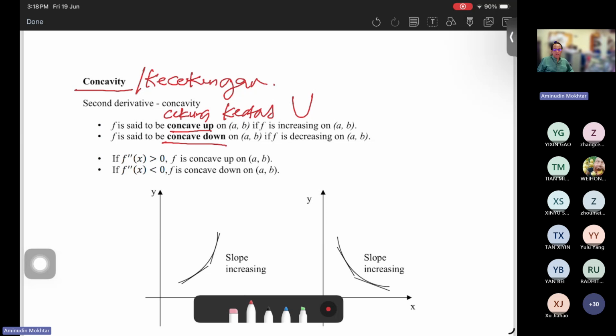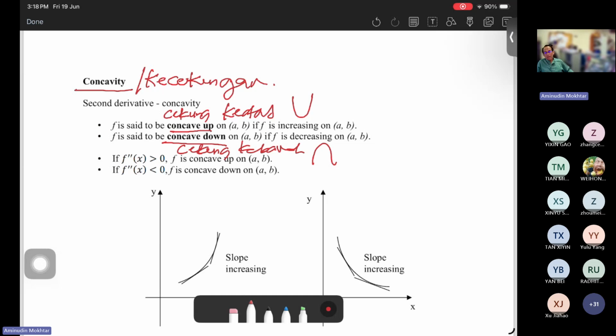Concave down is cekung ke bawah. The graph is like an N, cekung ke bawah. Now we have two types of concavity, concave up or concave down.